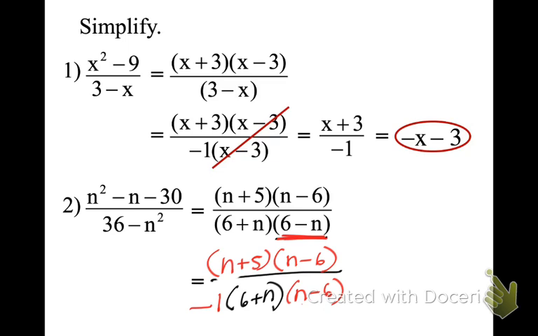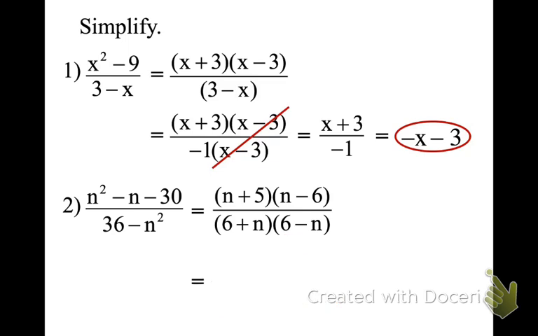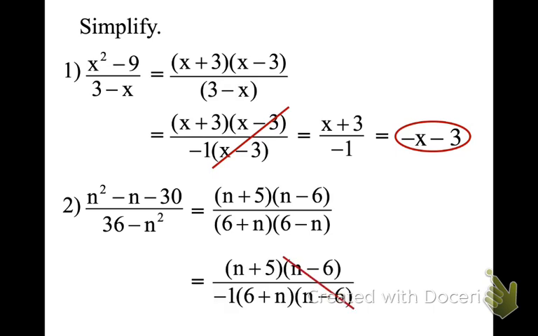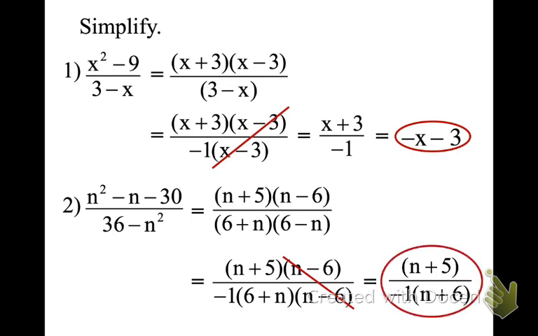We can't get rid of it because when I'm factoring, I can multiply it in or just leave it like that. We pulled it out of a binomial, it can't just disappear. I did the opposite of both, so I did negative 1 times negative 6 minus n times the quantity of n minus 6.